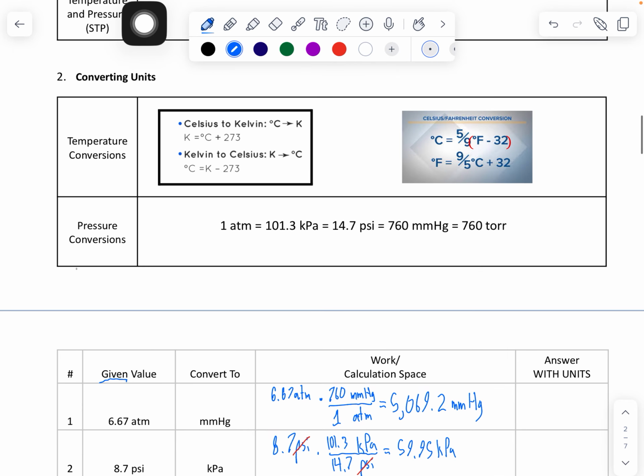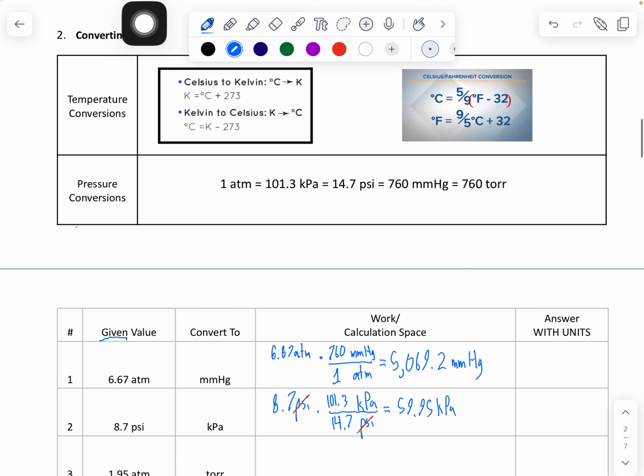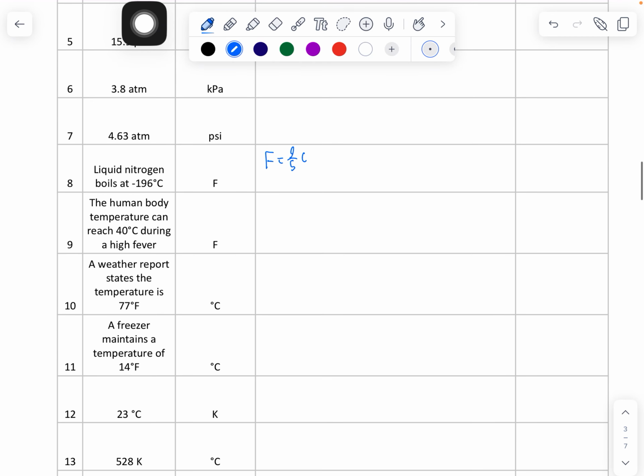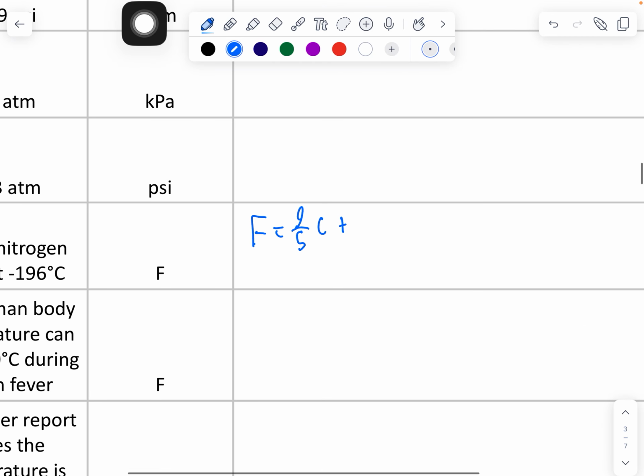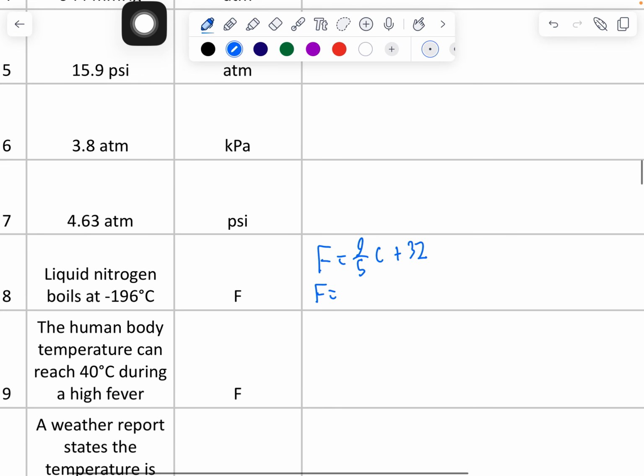Fahrenheit is 9/5 times our degrees Celsius plus 32. So at this point, we're going to take that equation, and for our degrees Celsius, we're just going to plug in our given value.